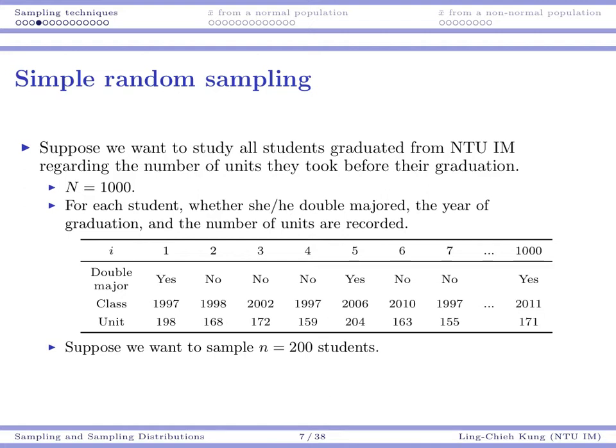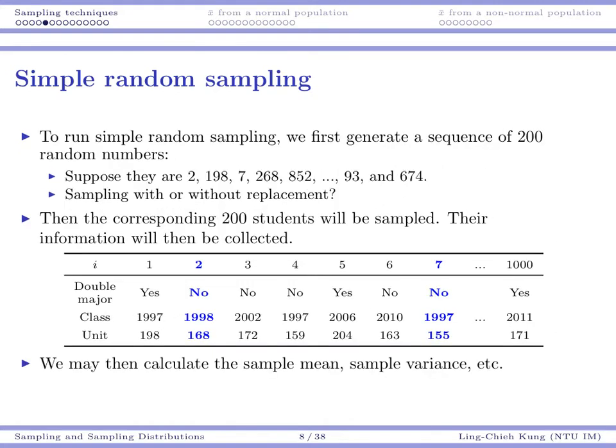I'm going to randomly select 200 students and ask them about this. So later I'm going to have 200 records about this. How may I do that? Among 1, 2, 3, 4, and so on to 1,000, I want to randomly generate 200 random numbers.